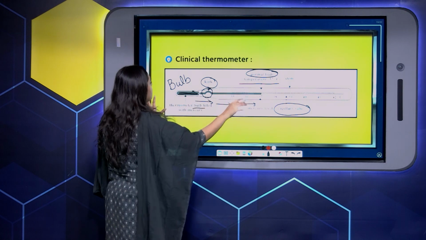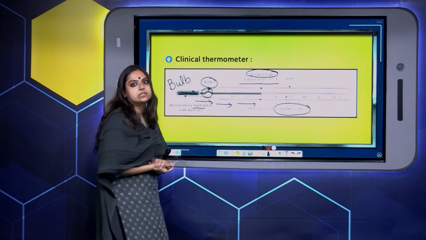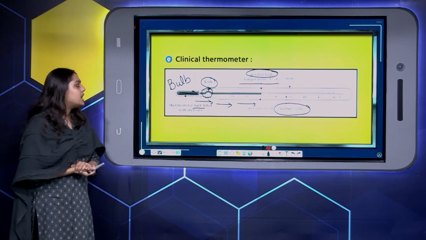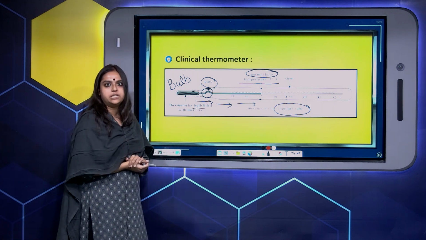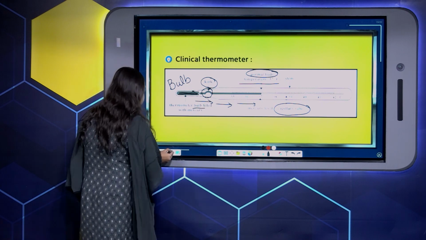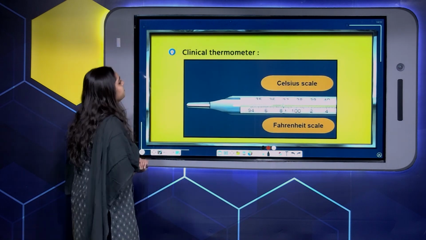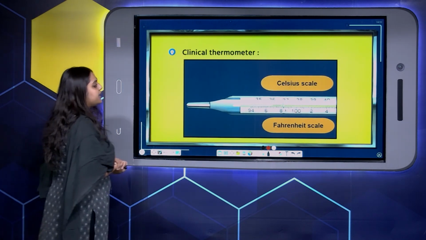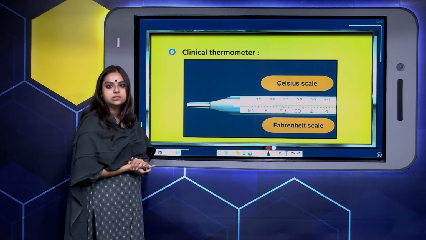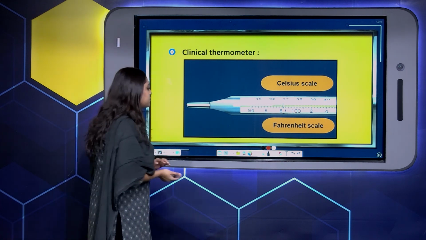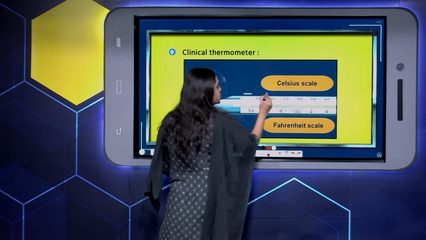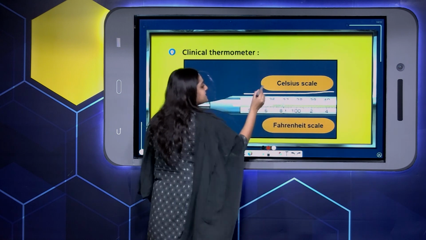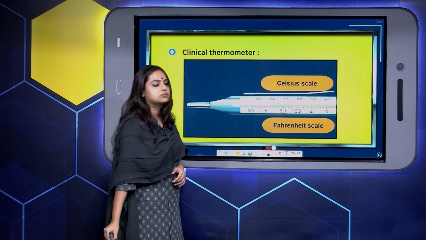Now, this is all about the clinical thermometer. Now, coming to the practical picture of a clinical thermometer, let's see what we can find out. Okay, so this is the practical image of a clinical thermometer. Now, you will find that the upper portion is the Celsius scale, right?